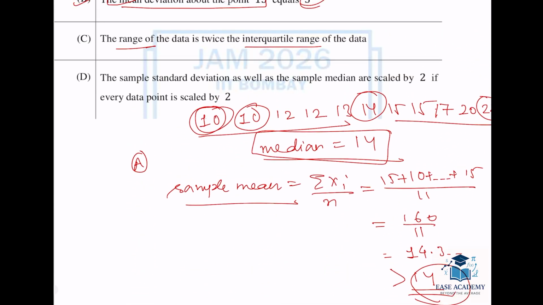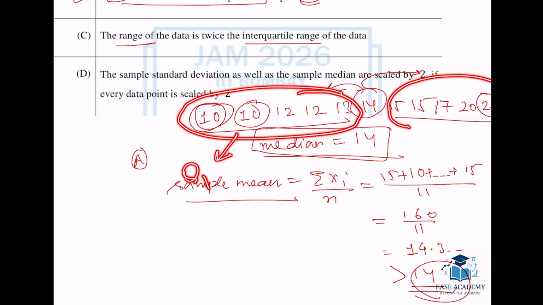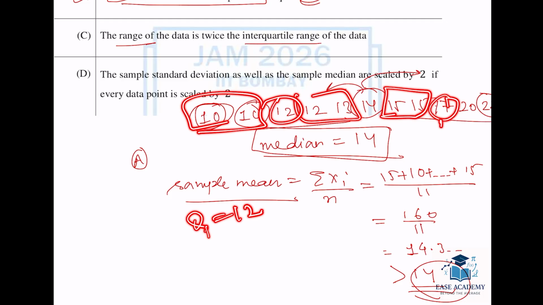Here's a trick. The third quartile will be more than the median, and the first quartile will be less than the median. So what you do, find the median of these observations, you get Q1, and if you find the median of these observations, you get Q3. So the median of this would be 12. So Q1 will be 12, and from here Q3 will be 17.